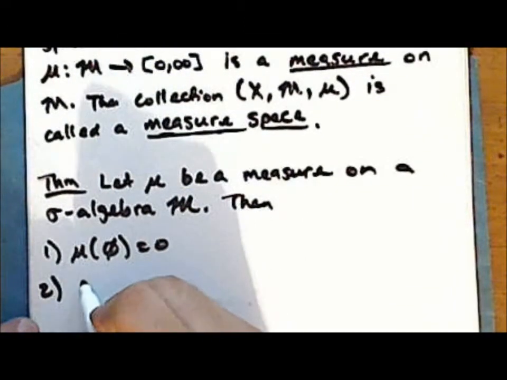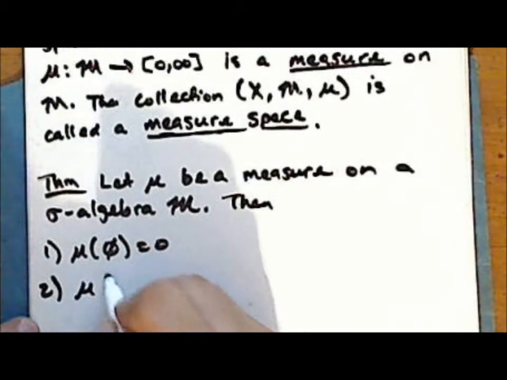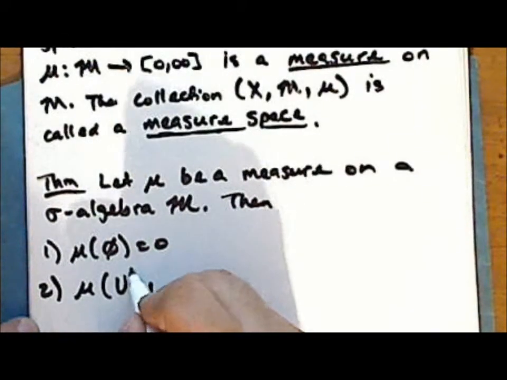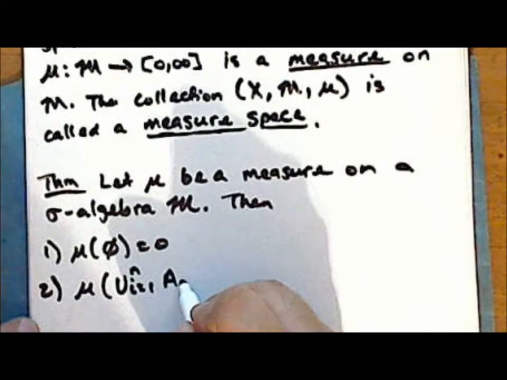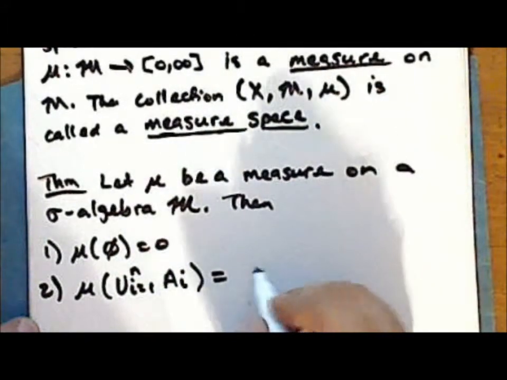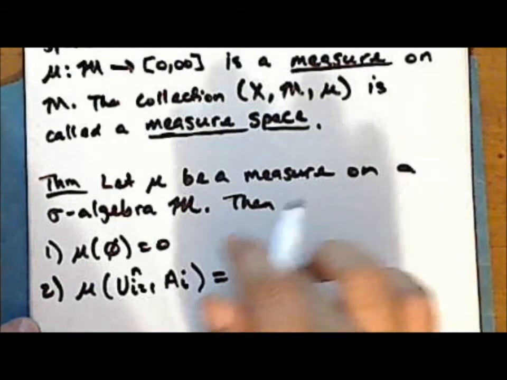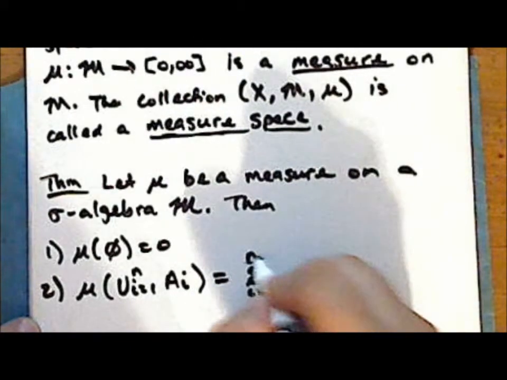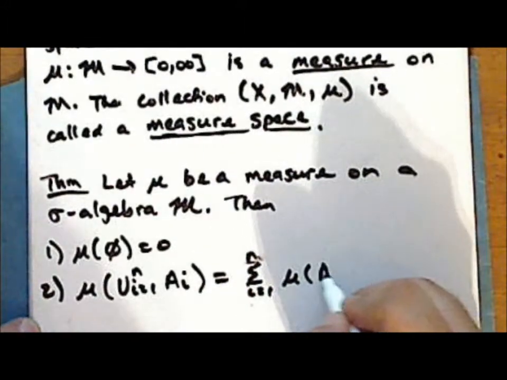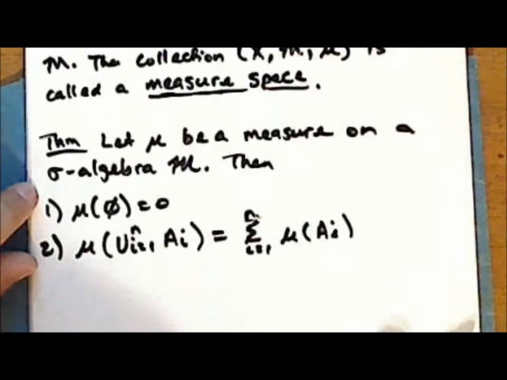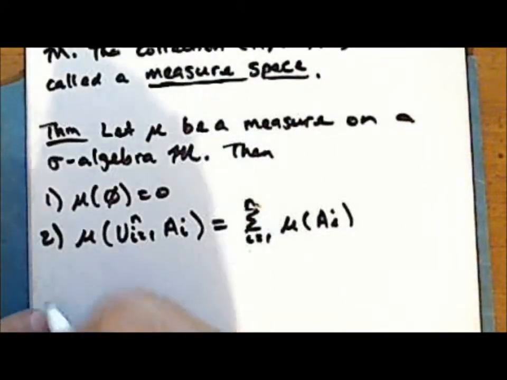Two, the measure of a finite union of subsets is the finite sum of the measures of those sets. Now, neither one of these statements is as trivial as you might think, and you'll see that in the proof.